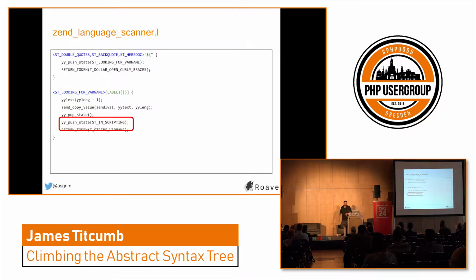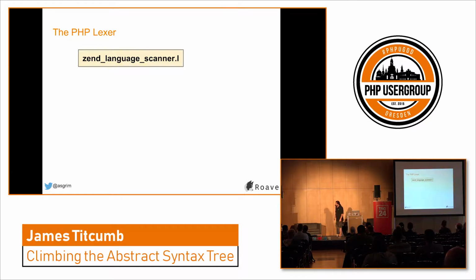We change back into the scripting state, and we return the variable name token and say this is a variable name. We've copied the value of that matched token as the variable name, so we've got a bit of metadata around that. Given that syntax definition, we feed it into this re2c Lexer generator program.